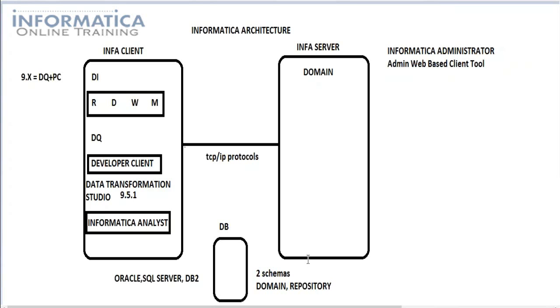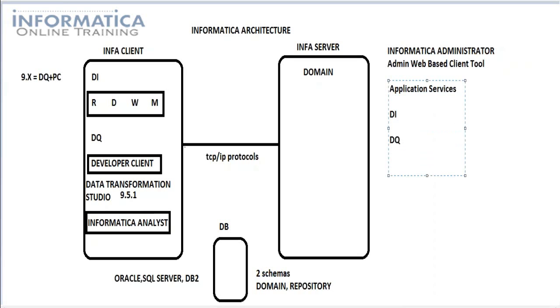Okay, so within the domain, as I told you, it's a collection of nodes and services. When you talk about the application services, you have a number of services present within the domain, which you can configure on the node. For data integration, we have a separate set of services.